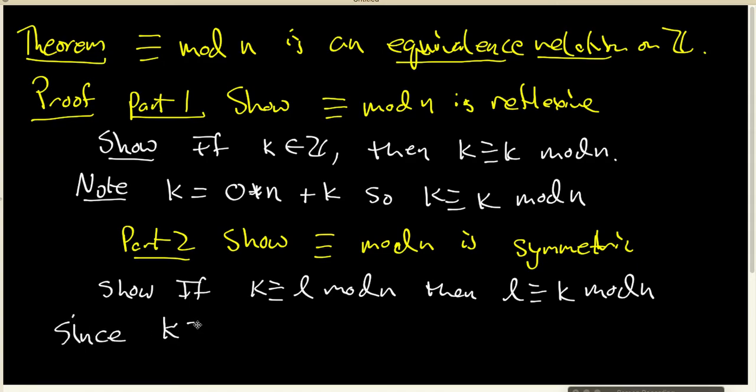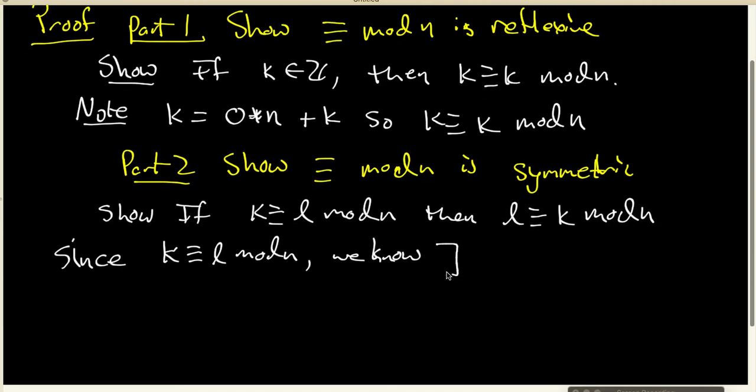Since k is congruent to L mod n, we know that there exists a q inside Z such that k minus L is equal to q times n.